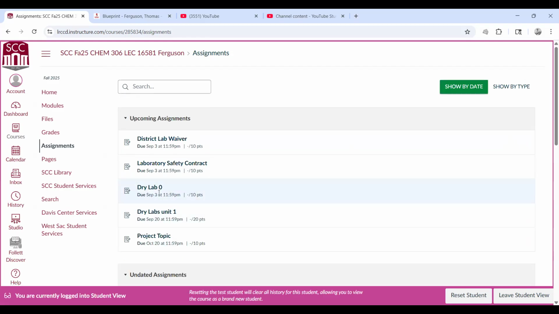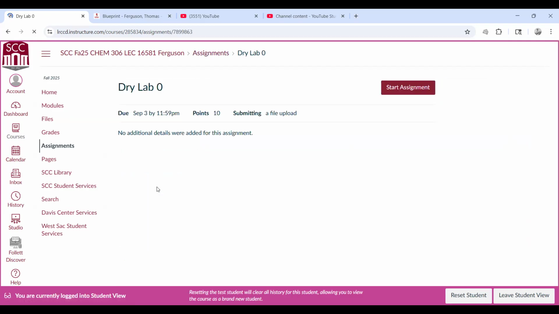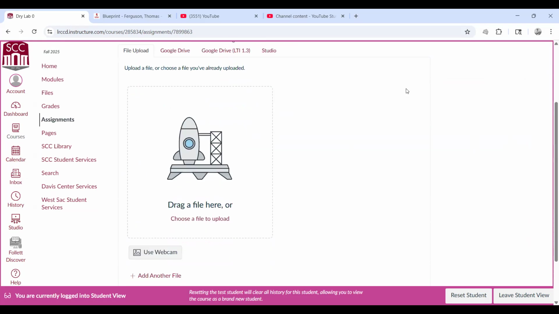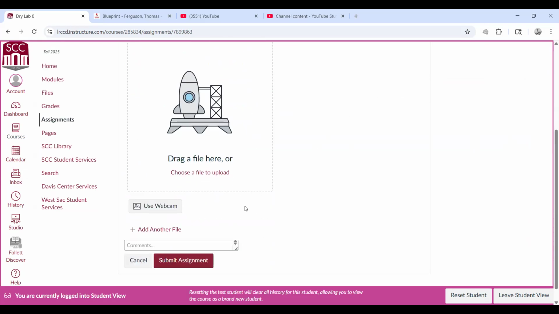And you click on Dry Lab 0, for example. Then you say start assignment. Here's where you're going to drop your PDF file and then submit. Okay, all labs, dry and wet, are going to be done this way.